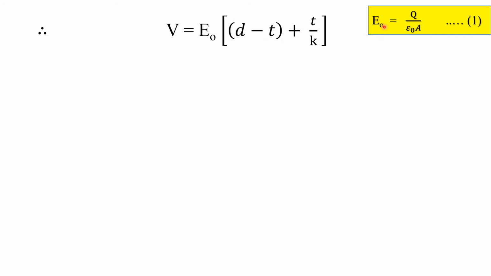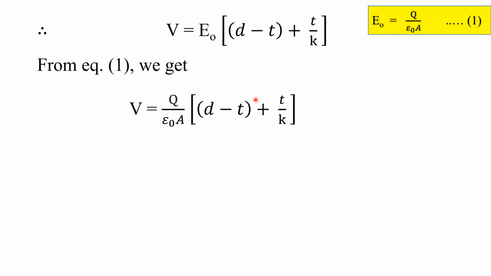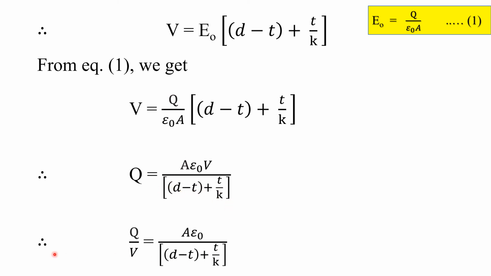From equation 1, E0 is equal to Q upon epsilon 0 A, so V is equal to Q upon epsilon 0 A (d minus t plus t upon K). Therefore, Q is equal to A epsilon 0 V divided by (d minus t plus t upon K). Dividing by V, Q upon V is equal to A epsilon 0 divided by (d minus t plus t upon K).